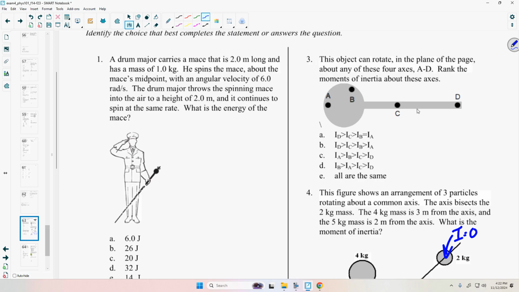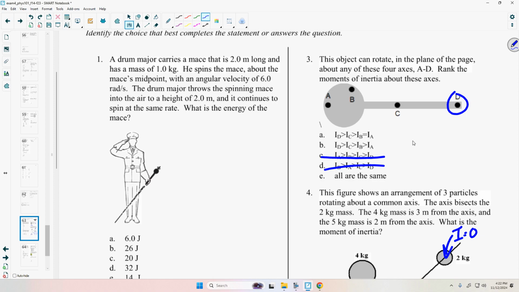Yeah. So remember, on the moments of inertia ones, you're looking at which one has the most mass at the biggest radius. This one's relatively easy. The most mass gives us B as the maximum, so it's either A or B. A is definitely the smallest because most of the mass is really close to that point. Actually, no, is that right? Yeah, that's right. Because A and B are not equal to one another, so I know the answer has to be option A. Let me just repeat what I said there. So D is definitely the biggest because it has all that mass at really big radii.